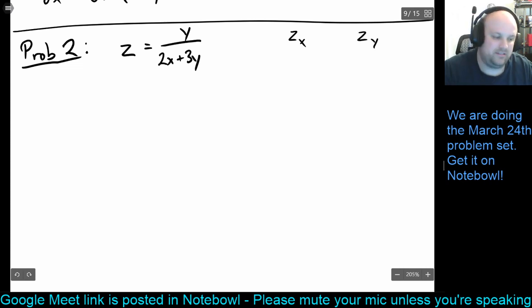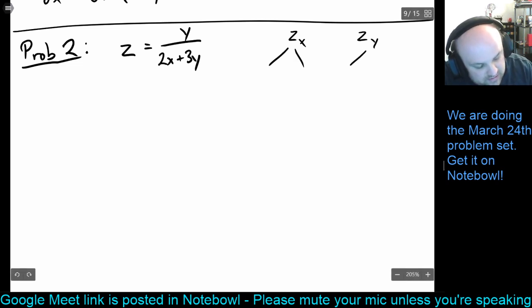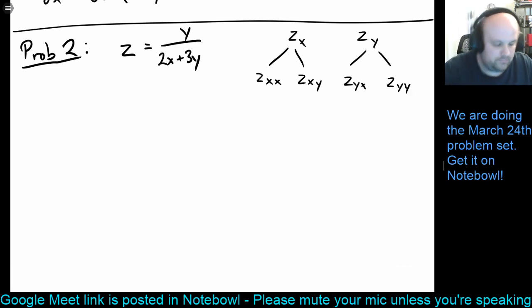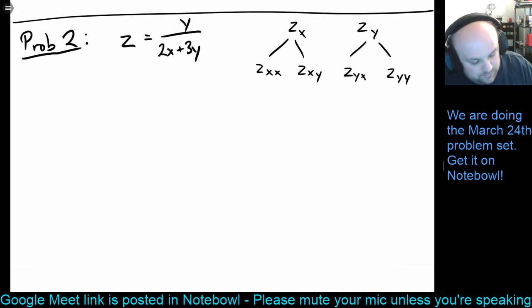We take the x and the y derivative, and each of those gets new derivatives: zxx, zxy, zyx, zyy. We can do the x and y derivative of each of those. So let's go ahead and do the derivatives here. We need to start by finding both first derivatives.